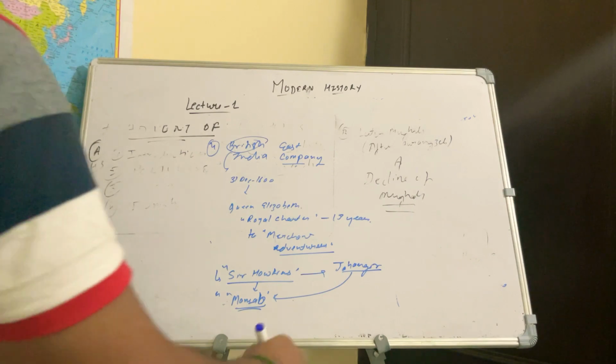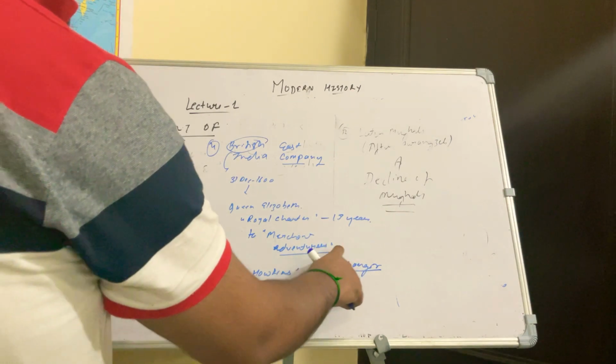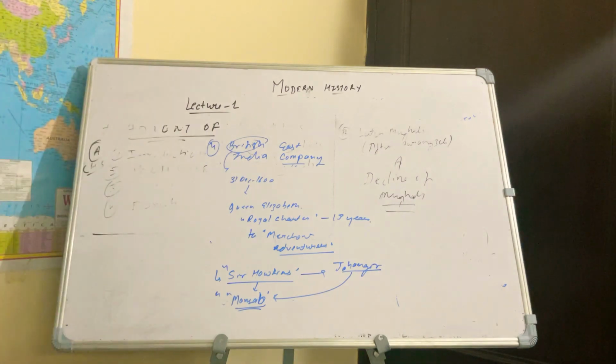But if I give you the context, then the Mughal Emperor Jahangir was not a great ruler. He was not at all very renowned for his policies and governance, unlike Akbar. So, after giving the rights of trade or the concession to the Britishers, all the concessions were revoked by Jahangir under the pressure of nobles in his court.